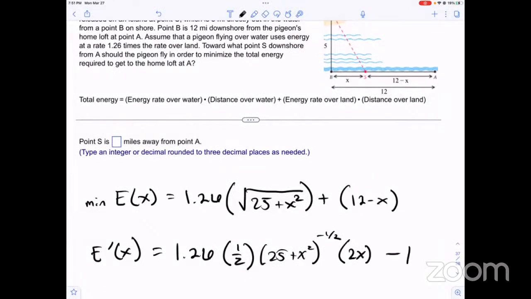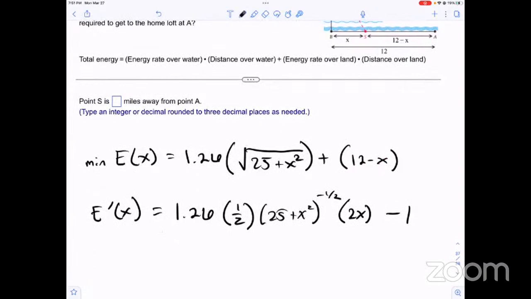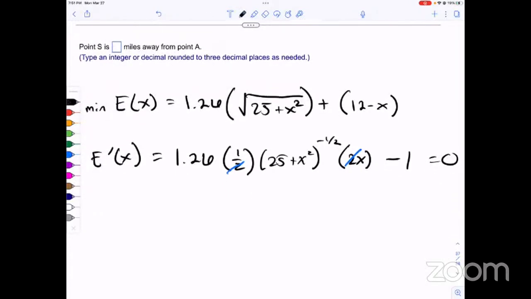From there, we want to set this to 0, combine like terms, and solve. Off the rip, this 2 cancels this 2. So I'm going to rewrite this: we have the square root of 25 plus x squared as the only thing in the denominator, and on top is 1.26x.